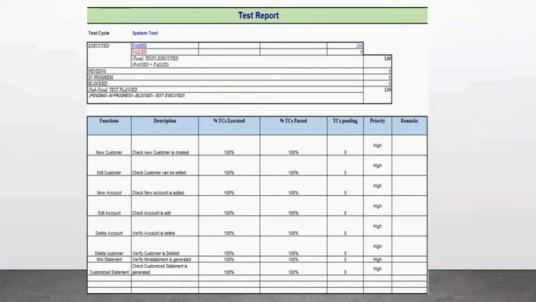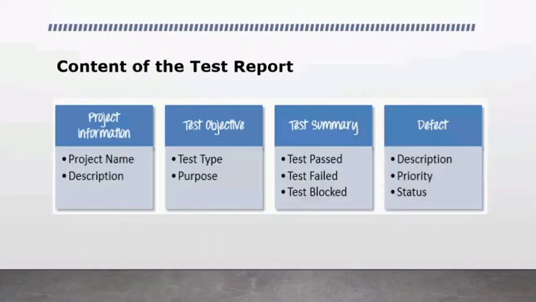We have another table which consists of function descriptions, percent of TS executed, percent of TS passed, TS pending, priority, and also the remarks, which you can use to evaluate which will be the pass and also the failed while doing testing.